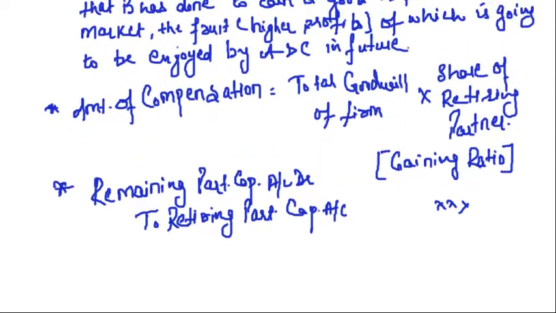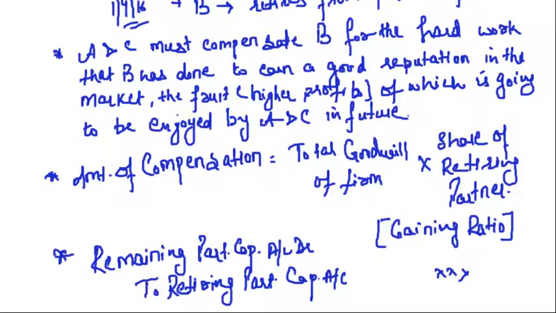friends? This is the role of goodwill in case of the retirement of a partner: the remaining partners must compensate the retiring partner for the hard work that the retiring partner has put in to earn a good reputation for the firm. Because of this good reputation, the firm will be earning higher profits in the future, and those profits will be enjoyed by the remaining partners.